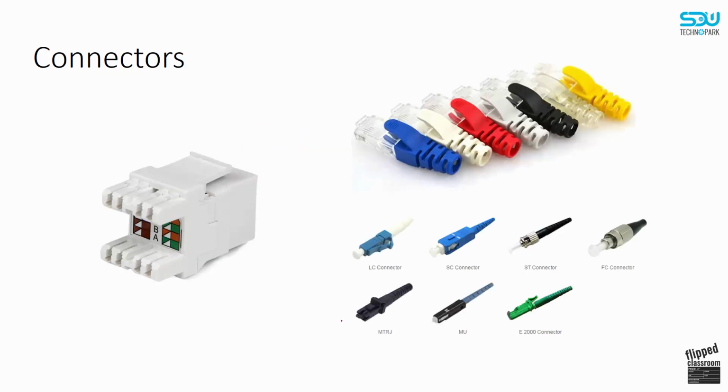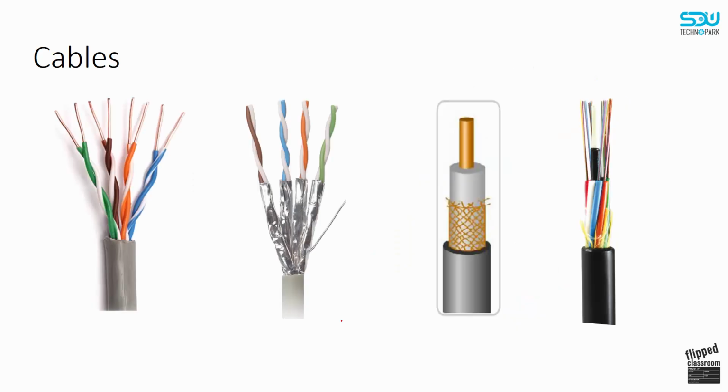Connectors are the part of the physical hardware which connects the cable from one side to the port on the other side. We have different types of connectors for different types of media.